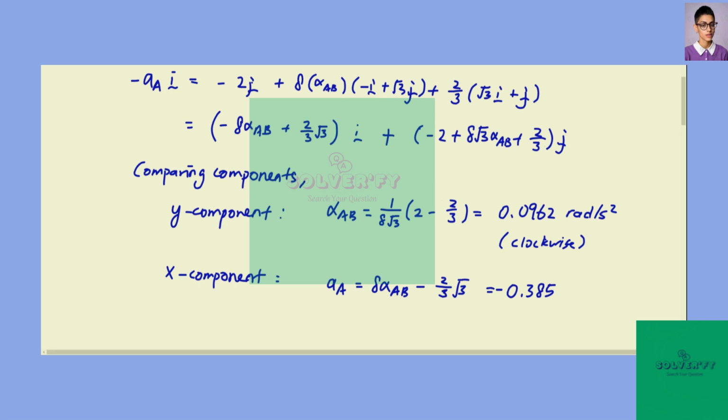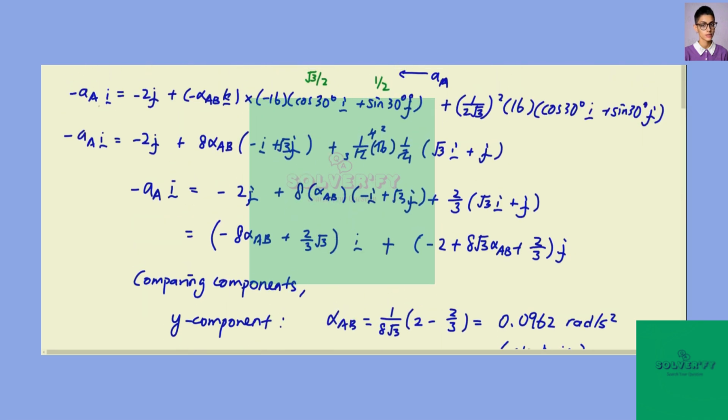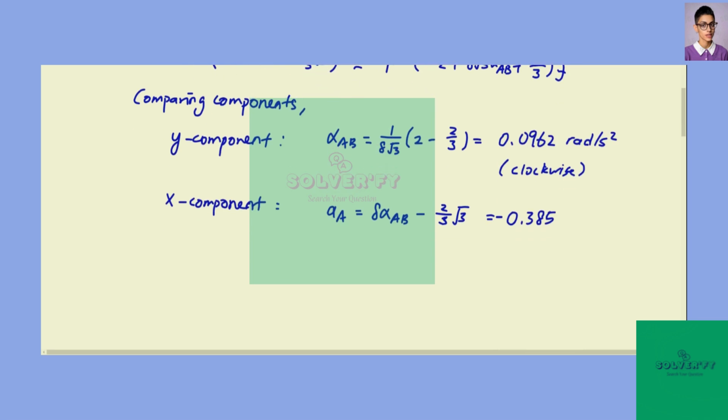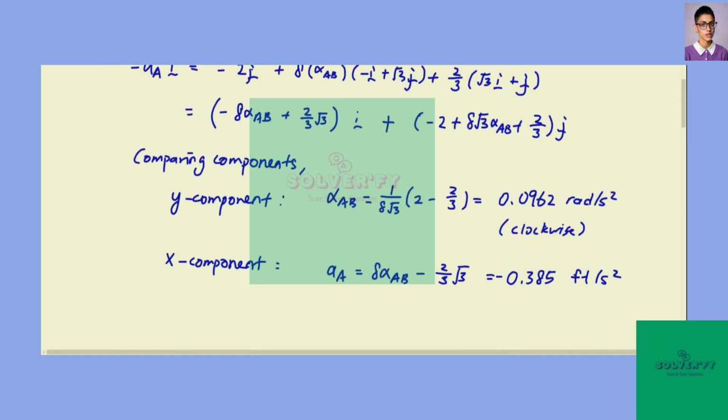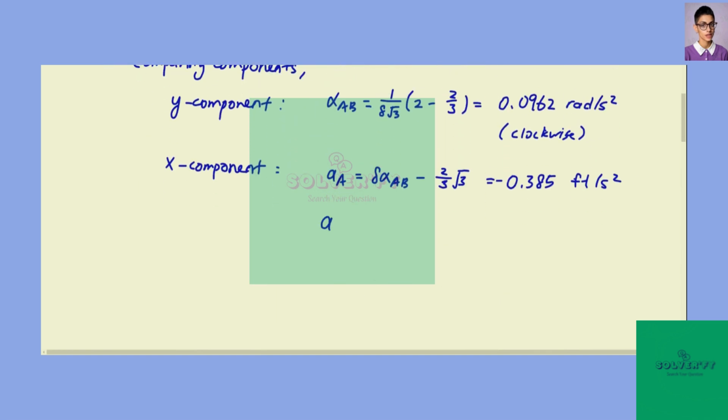Negative 0.385. So it turns out that the acceleration of point A is to the right. Because of how I set it up, the acceleration of point A is 0.385 I feet per second squared.